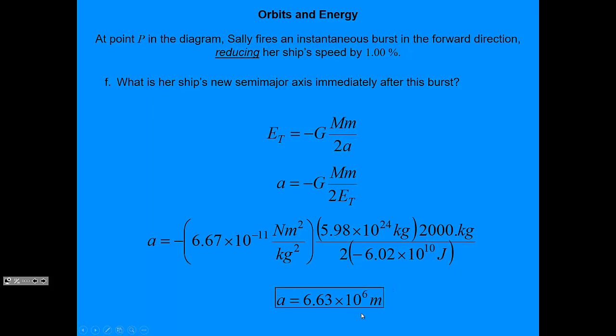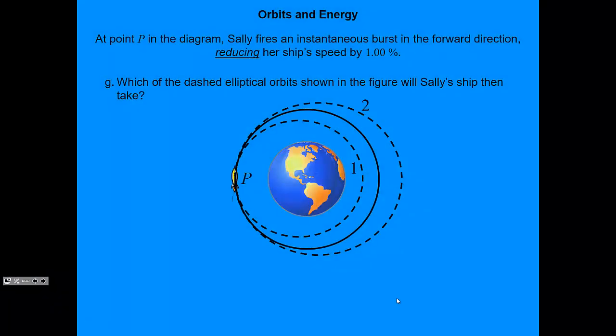Well, knowing this number, knowing the radius of her previous orbit, which of these two orbits is she going to fall into? Again, let's compare those numbers. This is her new semi-major axis. The radius of the original orbit was larger. With me?